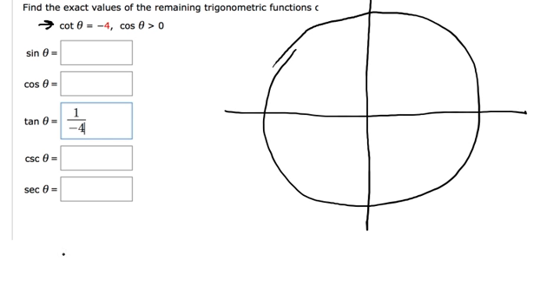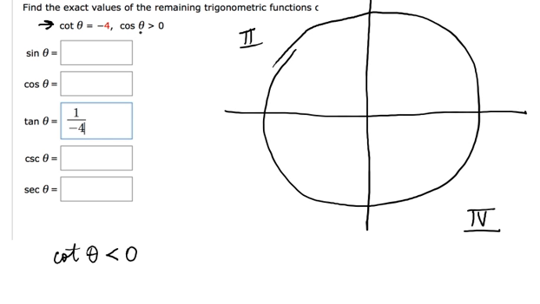Cotangent of theta and tangent of theta are both negative in the quadrants where one of x or y is positive and one is negative. So that's quadrant 2 and quadrant 4. Those are the two quadrants where tangent and cotangent are negative.